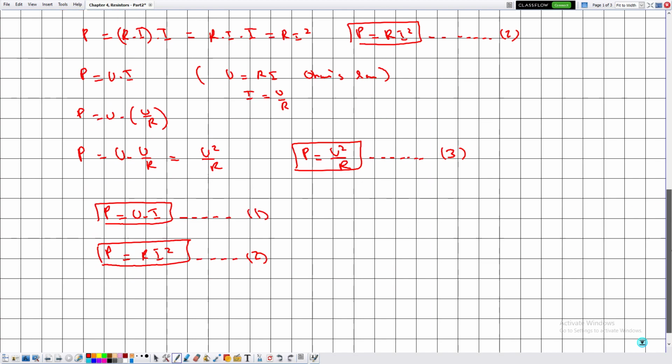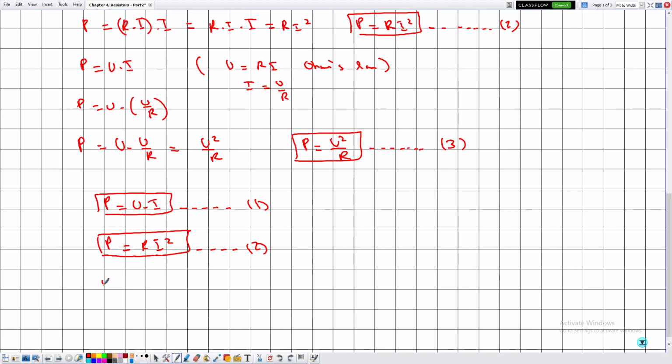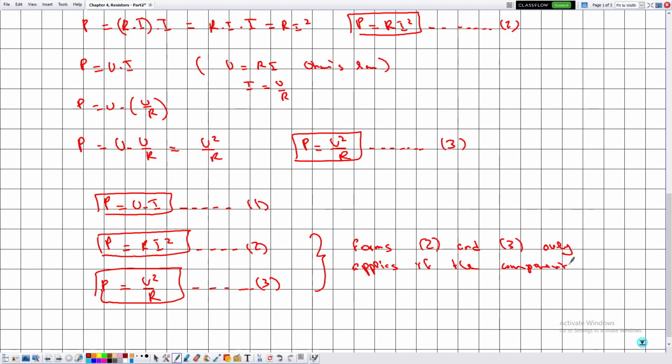And the third form is given by P is equal to U squared over R. And the important note is that forms 2 and 3 only apply if the component is a pure resistor.